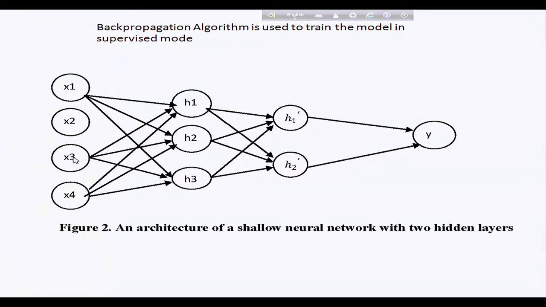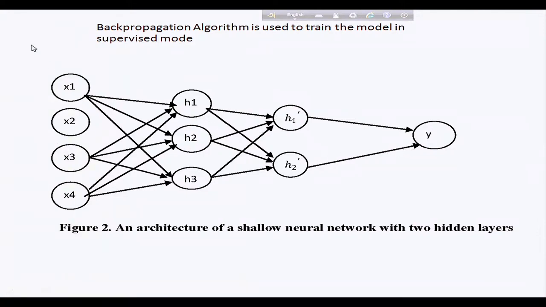So you have some input vector and you have some output vector. If you submit some input and pass it through the network, you will get some output. By comparing the predicted output and the desired output, you will get some error. Depending on the error, you adjust the weights. There is a forward pass and a backward pass.